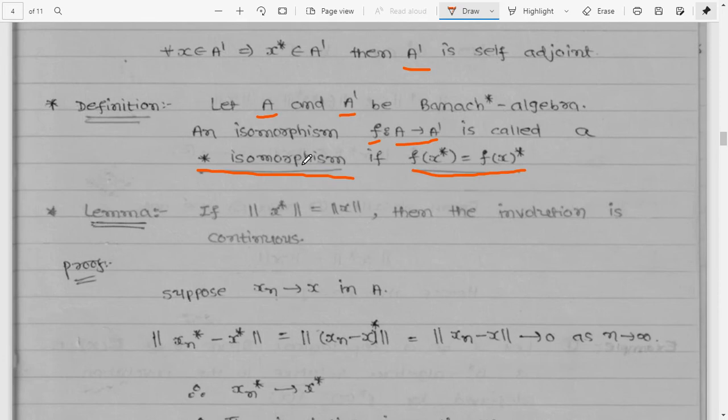This is the definition of star isomorphism.